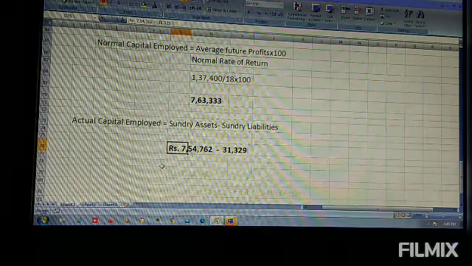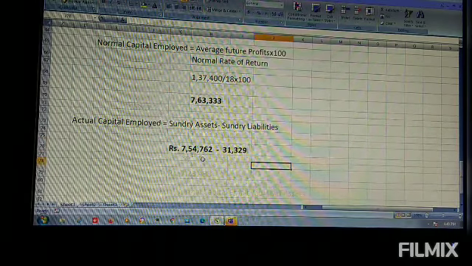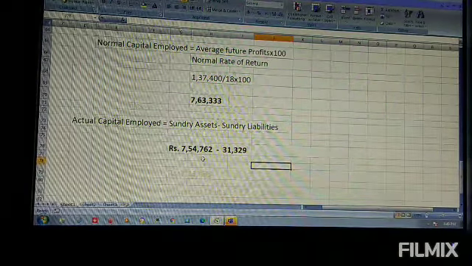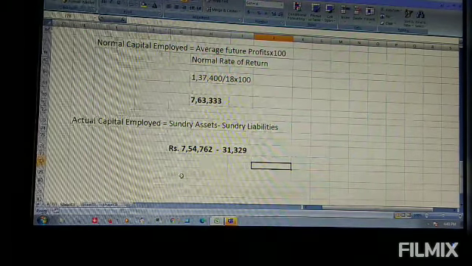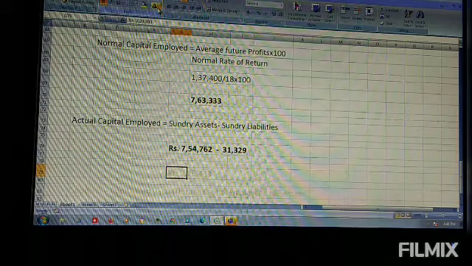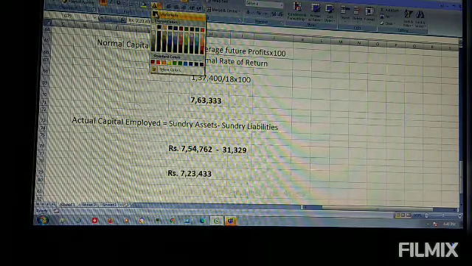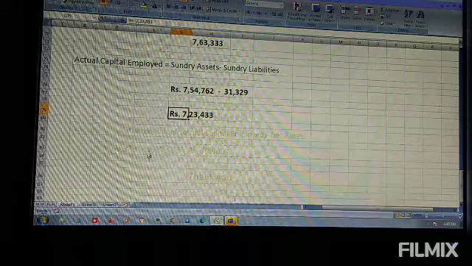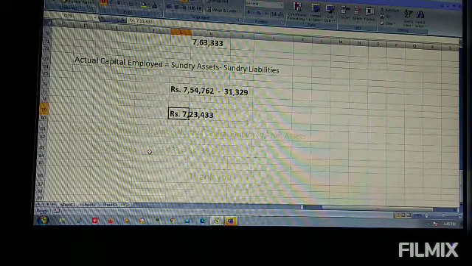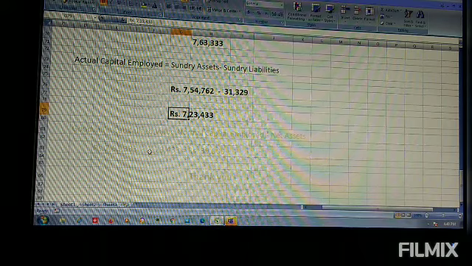That is rupees 7,23,433. This is the actual capital employed.